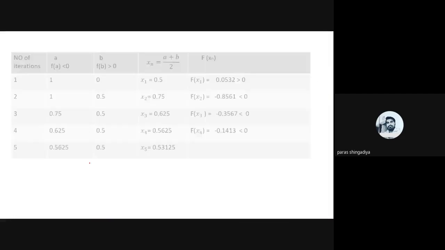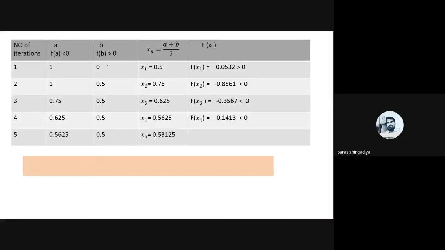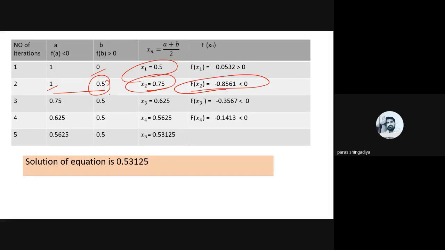So this is the actual table. For the interval 1 and 0, x1 is 0.5 and f of x1 is 0.532. If it is positive, replace 0 by 0.5, and use the new interval 1 and 0.5. x2 will be 0.75. Check f of x2, it is negative, so 0.75 will replace 1, and the new interval will be 0.75 to 0.5.